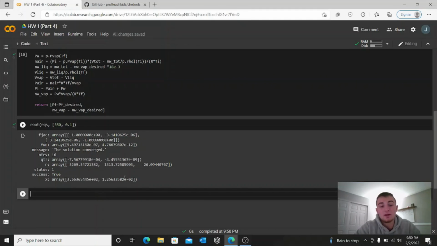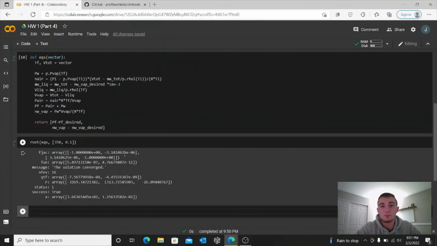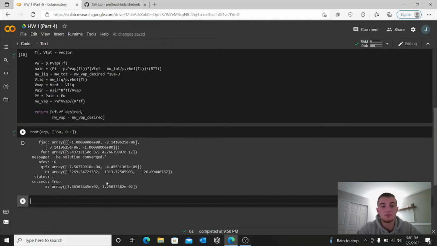The first one, again, is the final temperature, and the second one is the total volume of the container. So for this problem, we have now determined the unknown variables. The final temperature that we heat the container to is roughly 366 Kelvin, and the volume is 0.012 cubic centimeters.